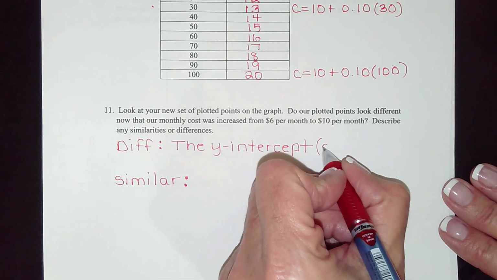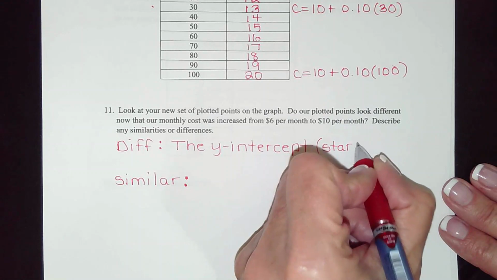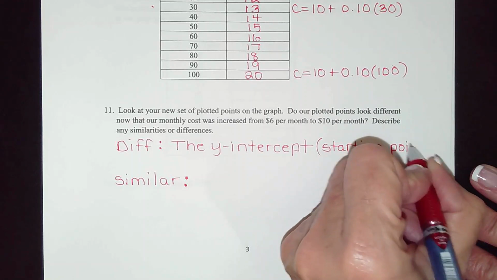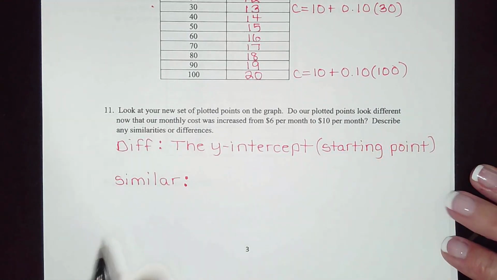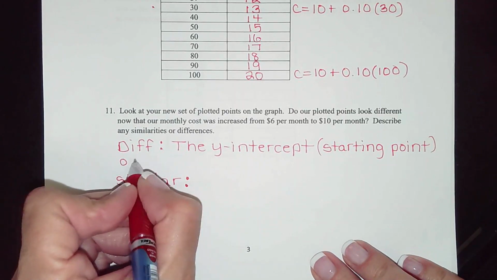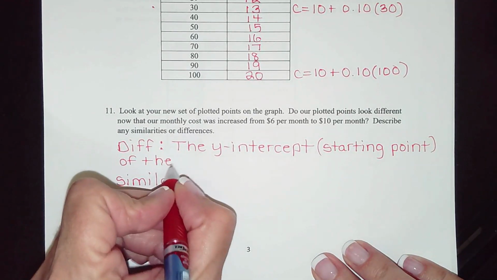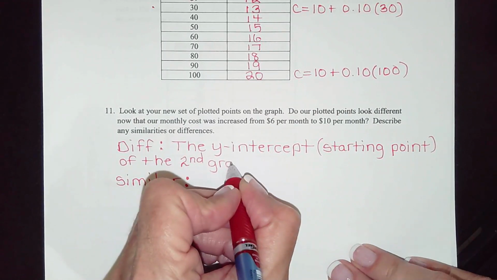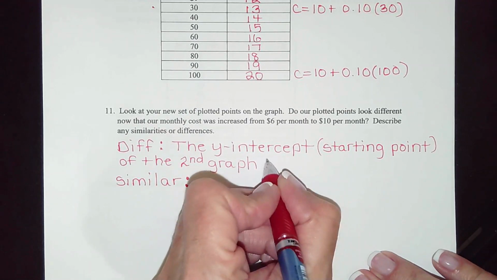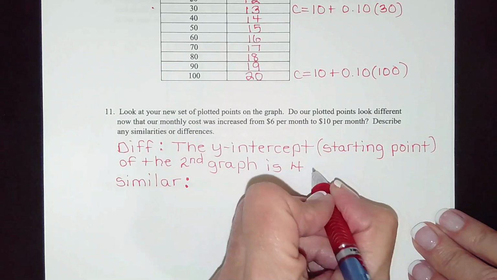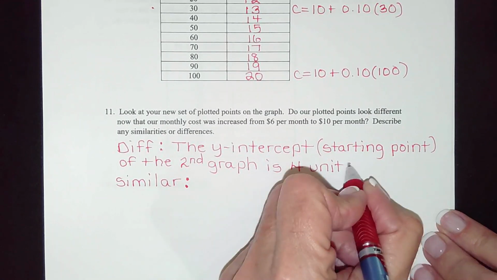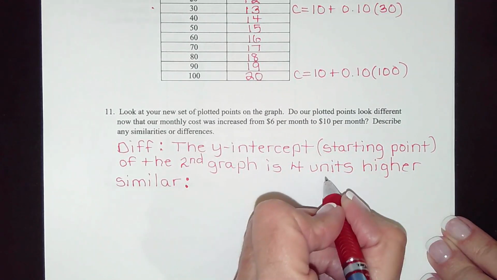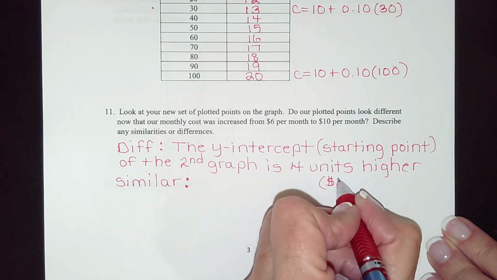So the y-intercept, which is considered the starting point, and y-intercept just means where it crosses the y-axis, of the second graph is 4 units higher. And then we can state why, because it was $4.